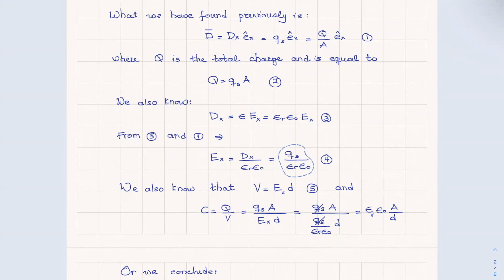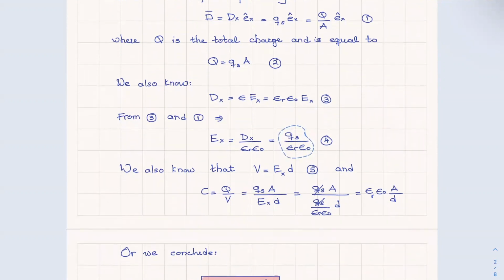All right. Also, we know from module 9 that inside an ideal capacitor, the voltage that applies across the two conductors is equal to the electric field, which is constant and normal to the conductors, times the distance. And now, having 5 in mind, we introduce the concept of capacitance, and also the expressions that we found before.